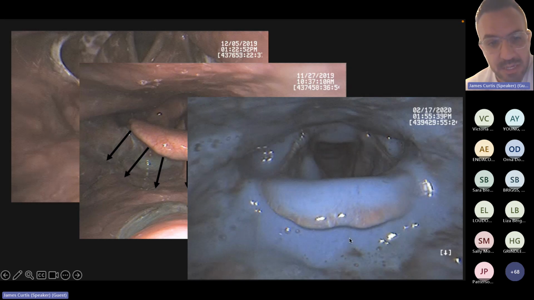If we look at this image, however, I might give this a rating of around 90%. It looks like around 90% of the vallecula is filled with oropharyngeal residue. It looks like at kind of this superficial-most level, superior-most level, that there's maybe a little bit of airspace right here. So if I was like a little person swimming in this pool, I could probably stick my head above air right here.